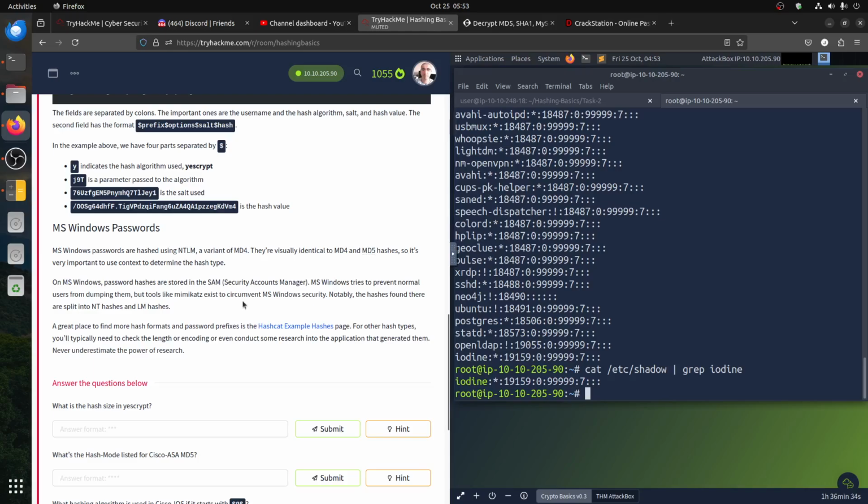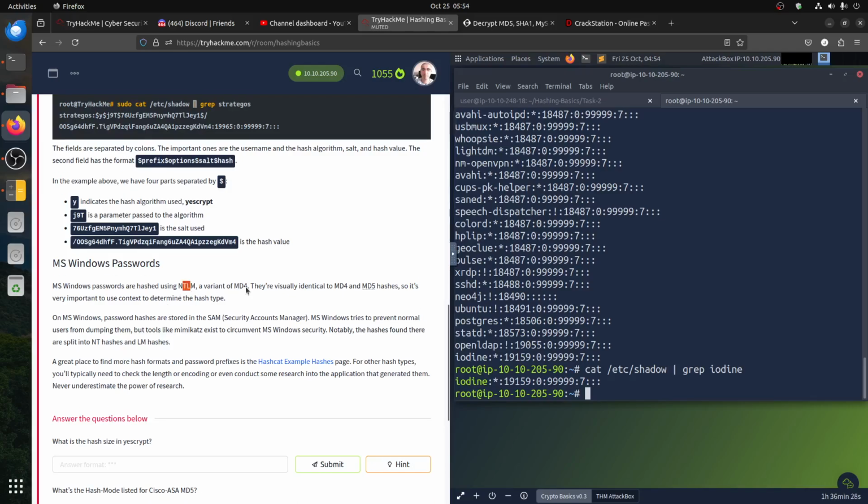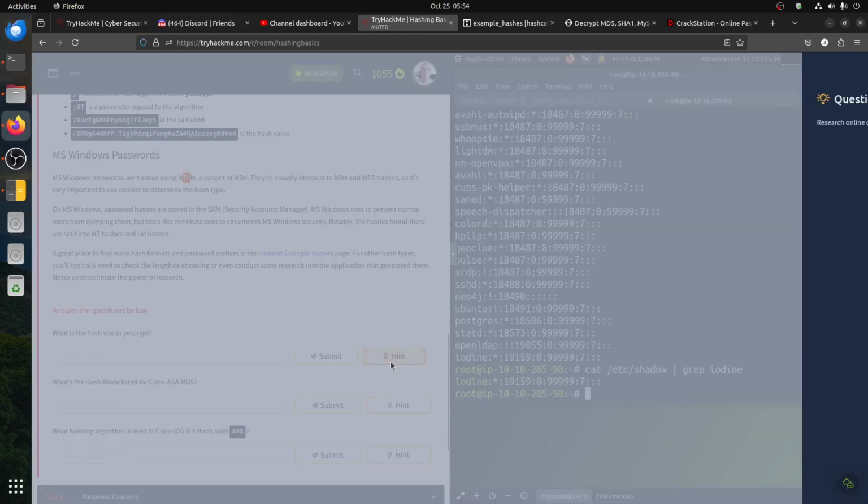I'm getting a bit confused. So, our friend Windows, the NTLM, MD4, all that. This is what we'll work with in this room. What is the hash size of yescrypt? What was that?